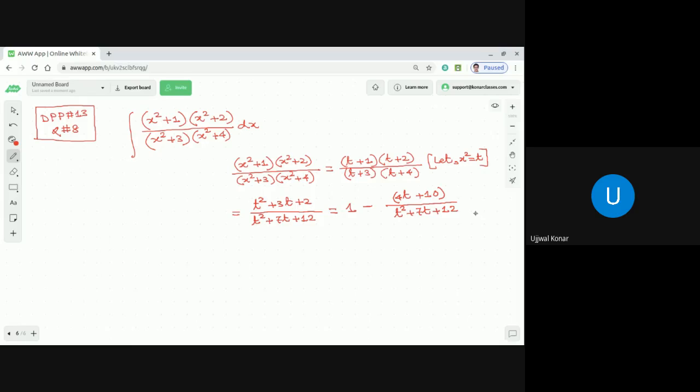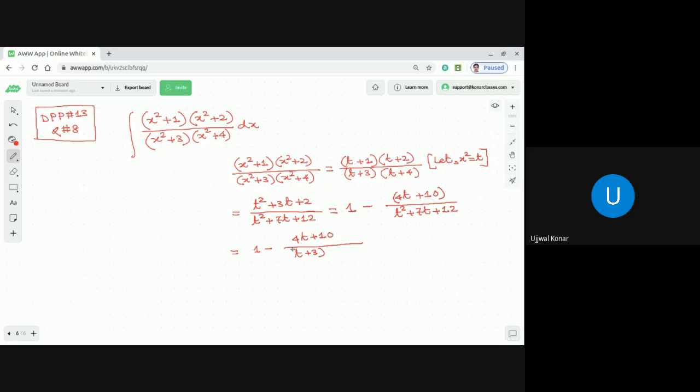Clear? So now we should concentrate on this 4t plus 10 by t plus 3 into t plus 4. Actually, I revert it back: 1 minus 4t plus 10 divided by t square plus 7t plus 12, which is nothing but t plus 3 into t plus 4.